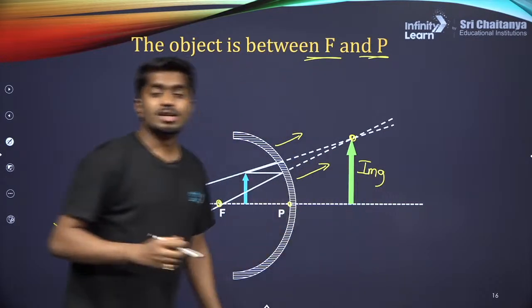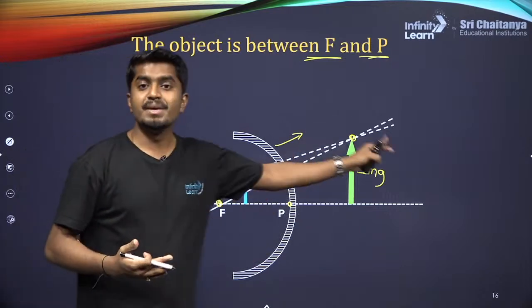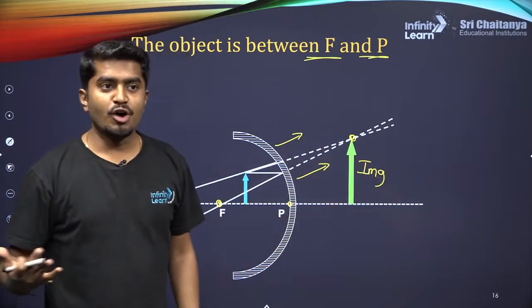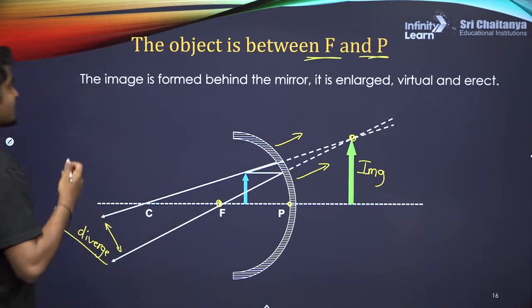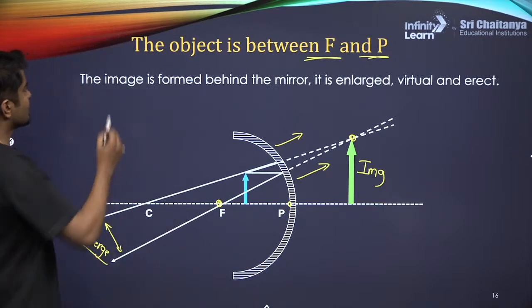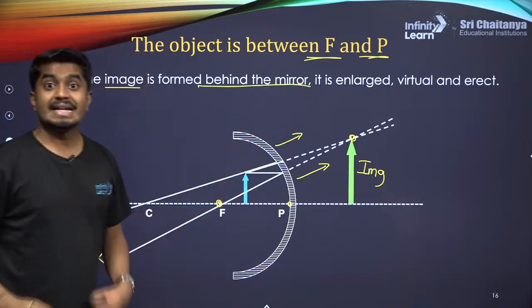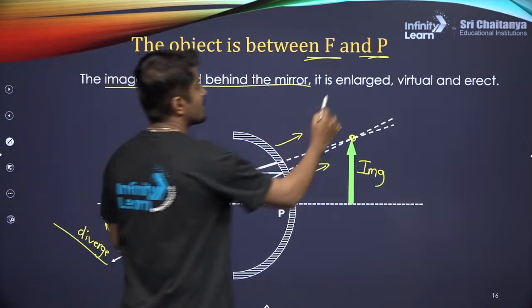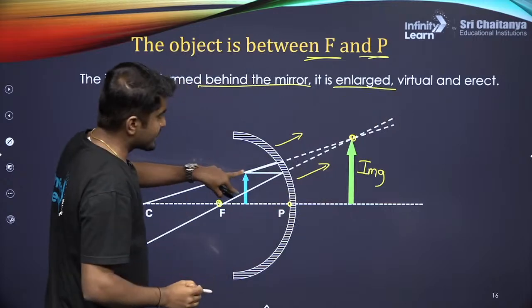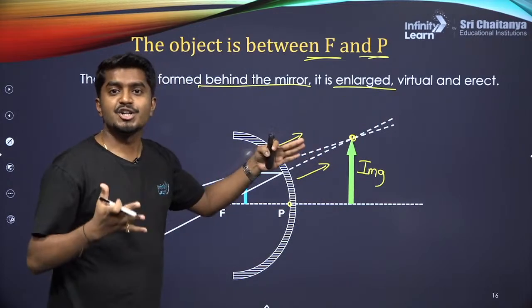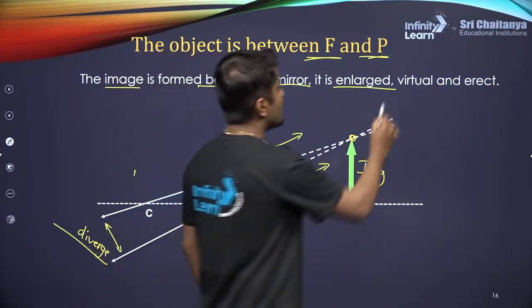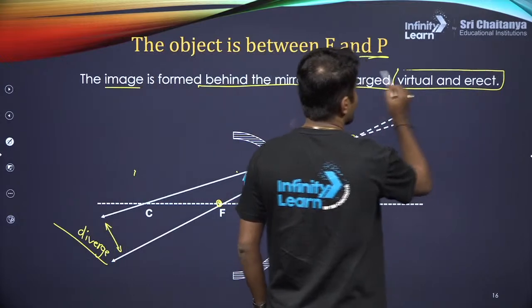So this is the position. What is the position? Behind the mirror. That is the position of the image. So let's learn about the image. The image is formed behind the mirror. It is enlarged, that means compared to the object, the image is larger in size. It is virtual and erect.